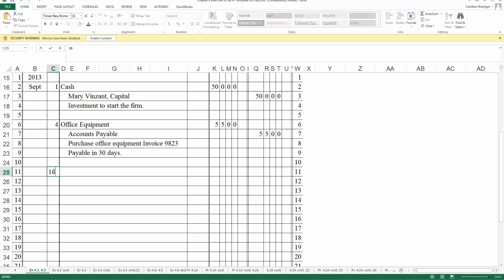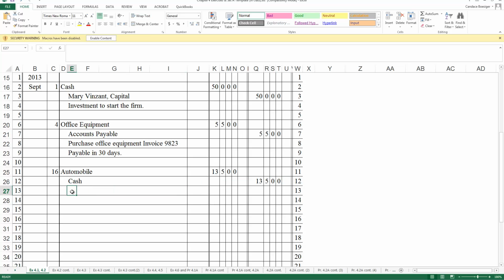Next one, September 16th. Purchase an automobile that will be used to visit clients. Issue check 1001 for $13,500 in payment. So automobile is the debit because we're increasing an asset. Cash is a credit because it's going down. We're decreasing our amount of cash, and to decrease cash we credit it. 13,500.